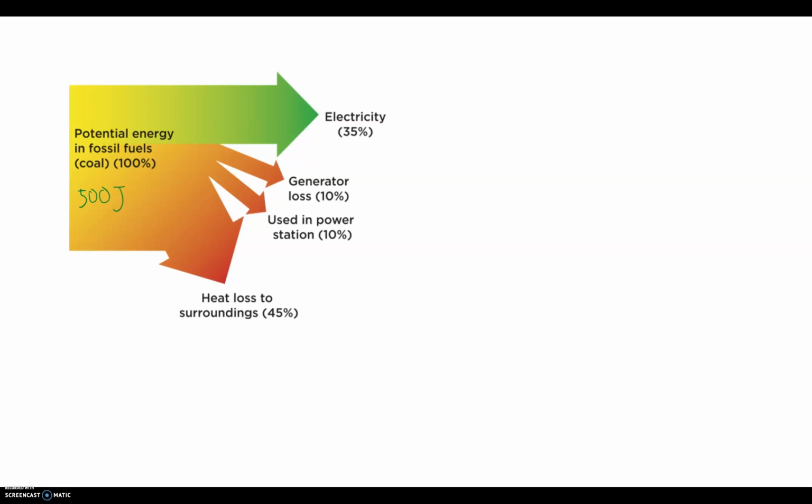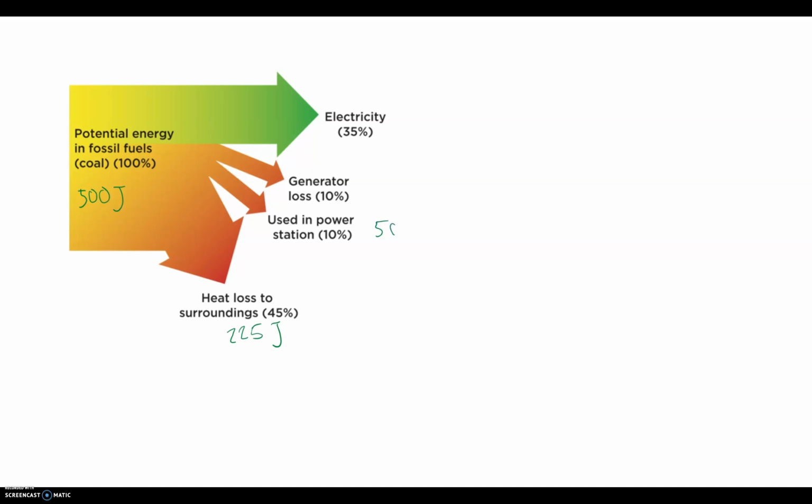coal. So according to this, if I start off with that, out of that total of 500 joules of energy, I'm actually going to lose almost half of it, 45% of that 500 joules to heat or thermal energy. So that's going to come out to about 225 joules to heat. I'm going to use up 10% of that energy in the power station.